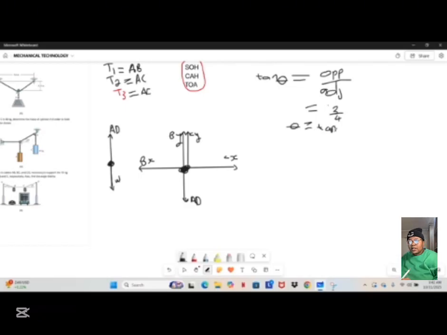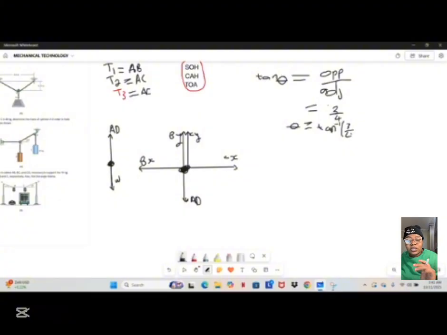Okay, so the answer, let's punch our calculator. The answer is gonna be tan inverse of 3/4, which is equal to 36.869.